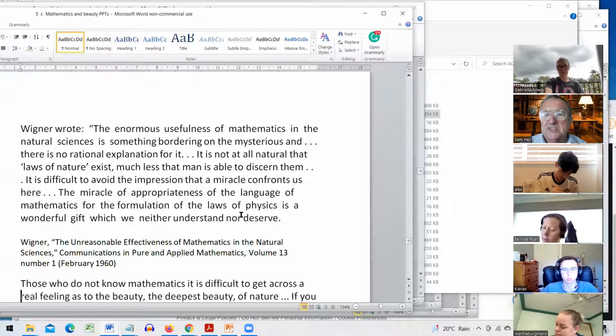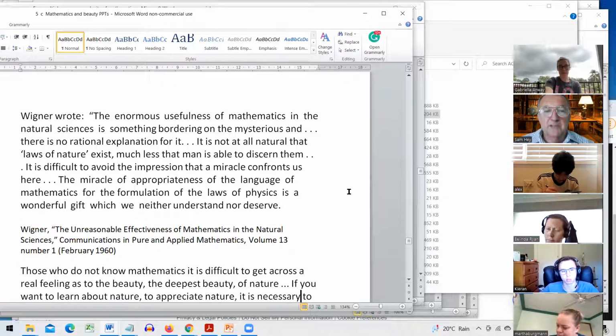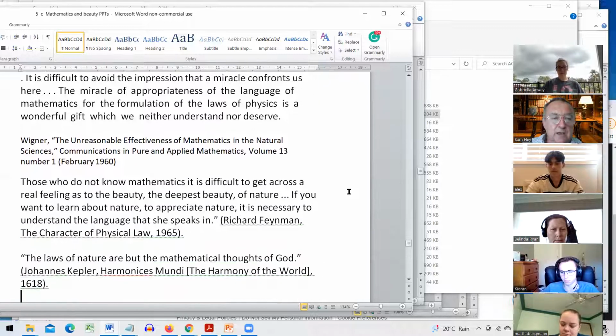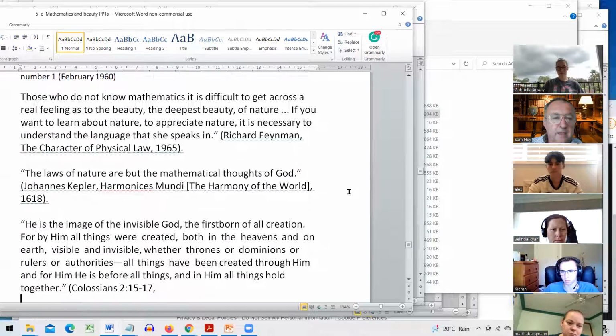So just as there's a design that makes maths work, there can also be a design in your life and mine in which the problems in our life can be resolved through that which God has done for us, through Jesus, through his plan. Wigner said, "The enormous usefulness of maths in science is in some ways mysterious, but it shows that there's much more going on."